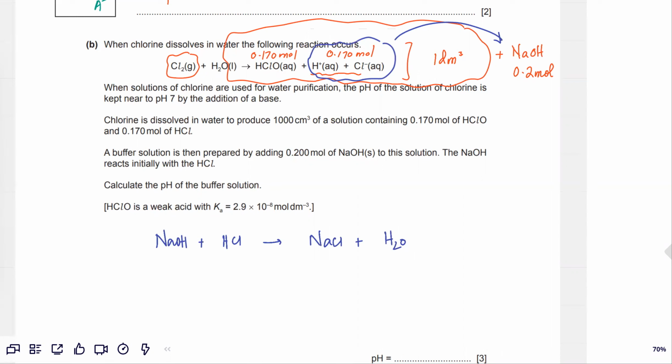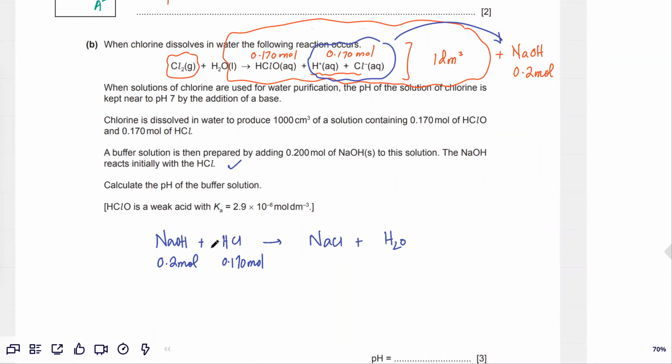Okay, so keep following. We've reached this point at the moment. NaOH moles are 0.2. And how many moles of HCl are present? The amount of moles of HCl that are present are 0.170 moles. Can anyone tell me which one is in excess?